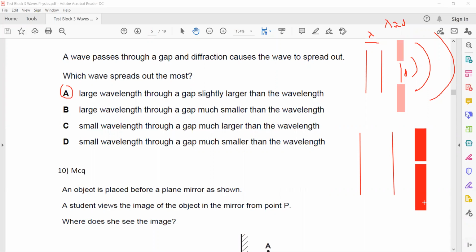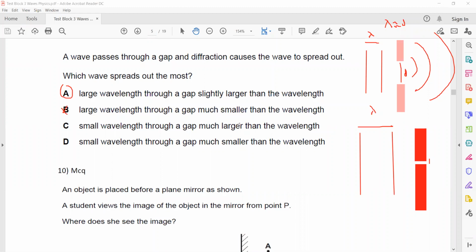So wavelength is much greater than the gap size. That's why the wave is even not able to pass through this gap, which is very small. So diffraction, small wavelength through a gap which is much larger.